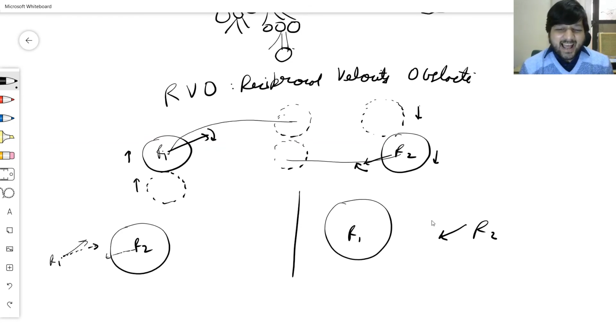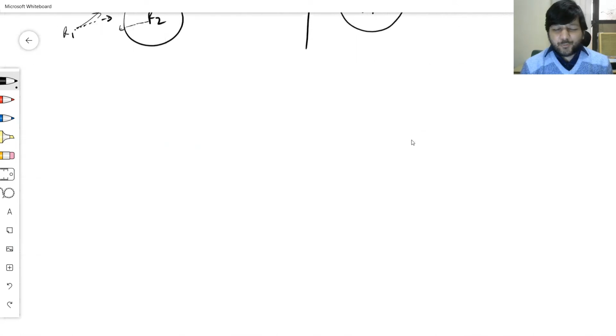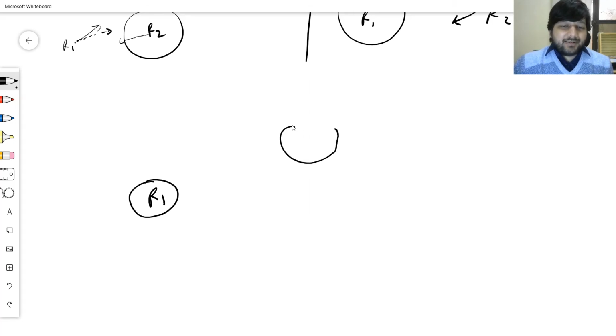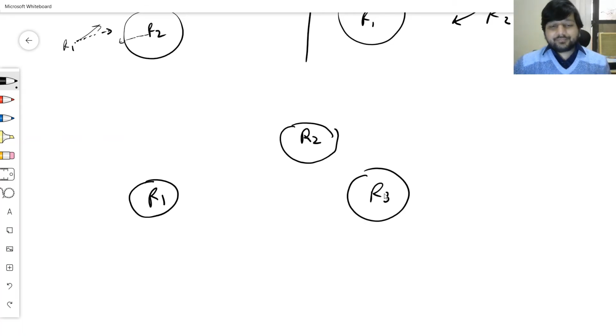We take another interesting situation, and that interesting situation is you are here and there are two people. Now what happens is that you see this one and you aim to go here, but because of this you aim to go here.